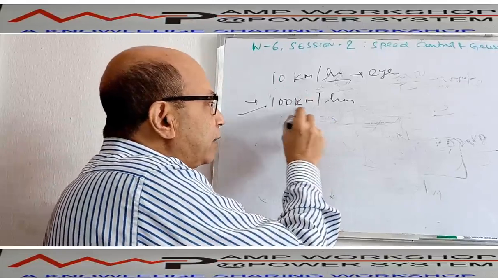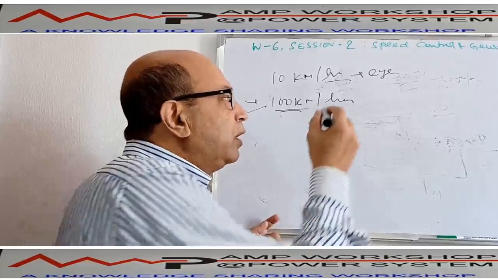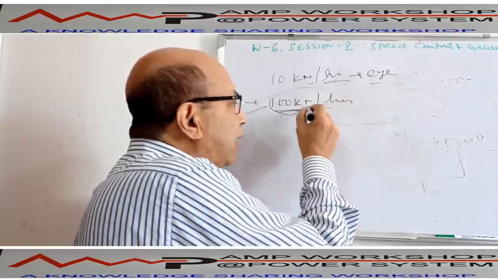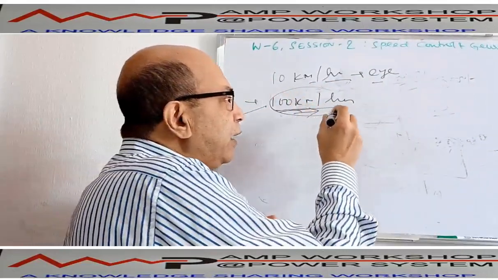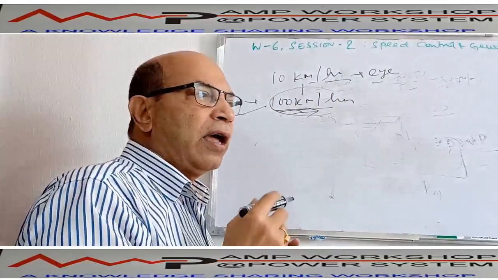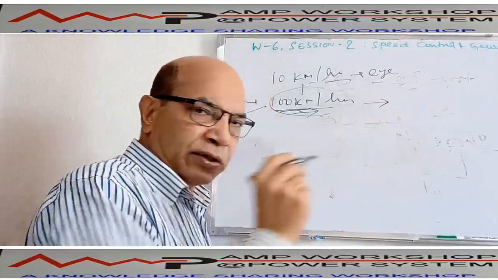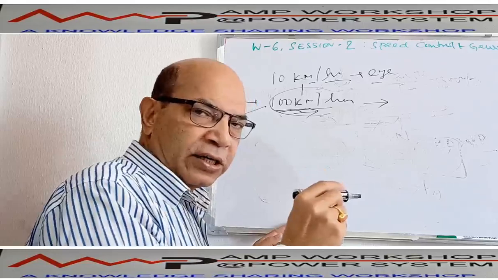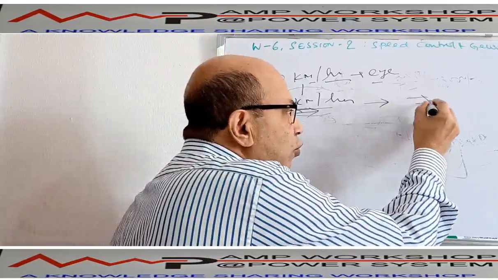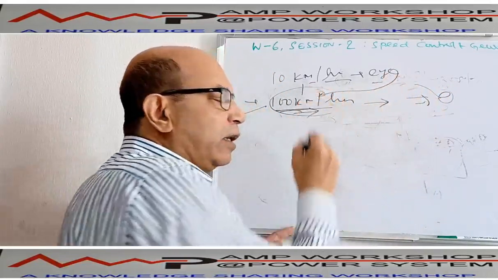Once you see 10 km per hour and your intention is 100 km per hour, you immediately calculate the difference, which is 90 km per hour, and you have to compensate for it. So you press the accelerator with your leg, and the accelerator opens the fuel valve and allows more fuel to go, and the speed goes from 10 km per hour to 100 km per hour.